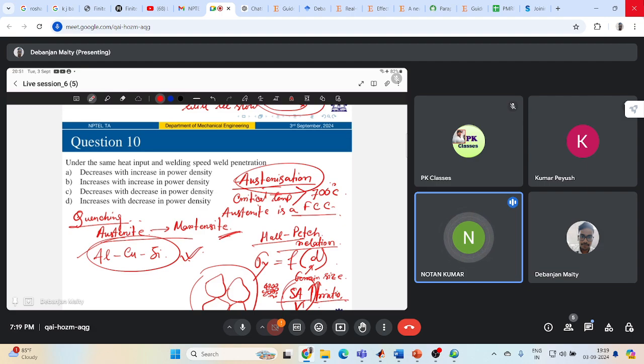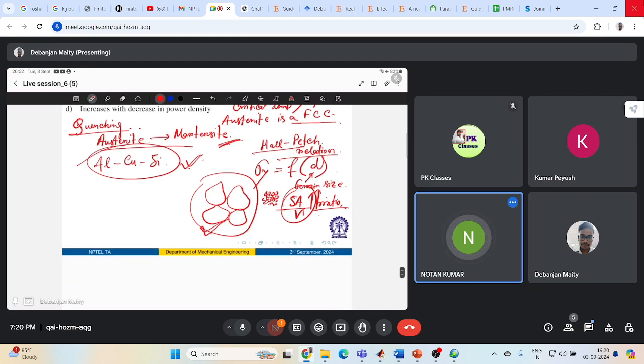And the reason for the increase in hardness of transformation hardened metals like steel in the heat affected zone.